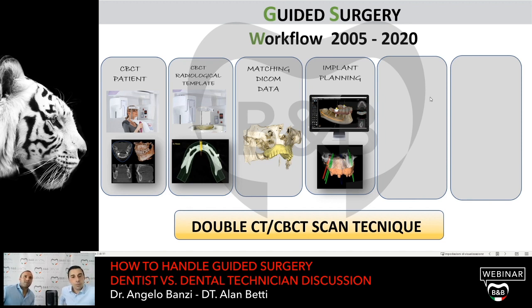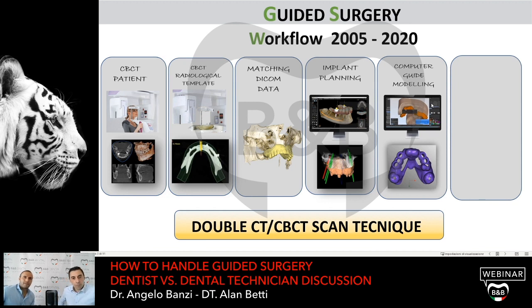So let's move on, because after we have planned our implant position, we can send our planning to the technician, and the technician, thanks to the CAD, is going to model in the virtual world the shape of the surgical template, of what is going to be the real surgical template.